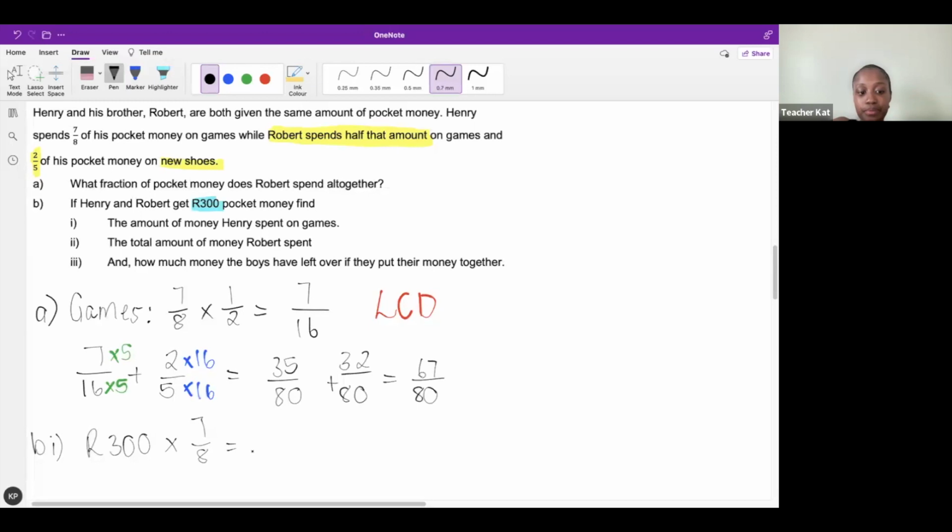Now let's work this out. Let's first find common factors between 8 and 300. Do we have common factors, guys? Are you sure? They're even numbers, so surely they have common factors.